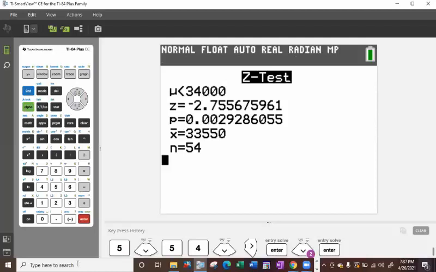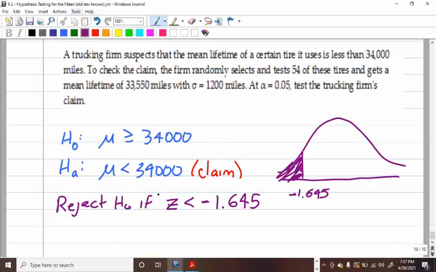So we reject the null hypothesis and we support the claim that the mean lifetime is less than 34,000 miles.